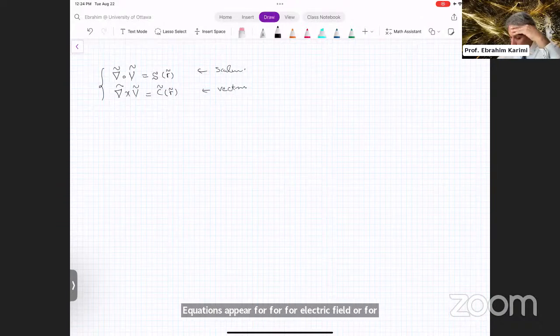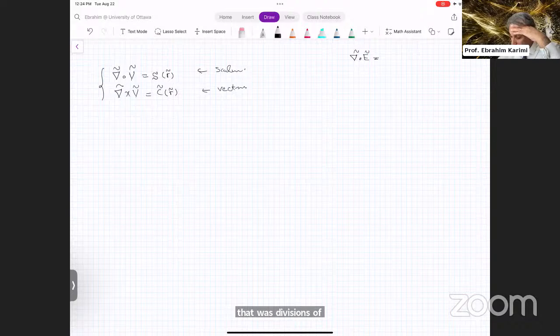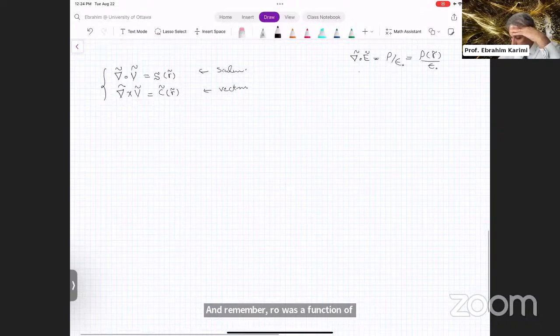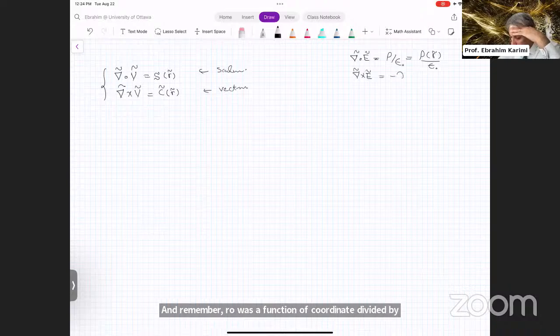If you recall, for the electric field, the divergence of E, assuming we are in vacuum, is rho divided by epsilon naught, where rho is a function of coordinates. And the curl of E is given by minus the time derivative of B.